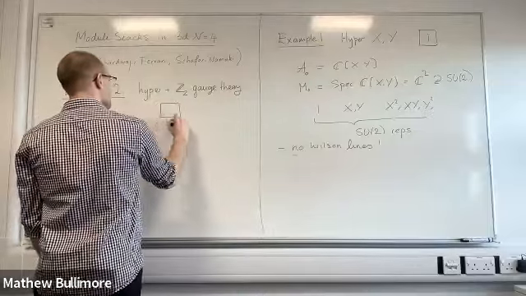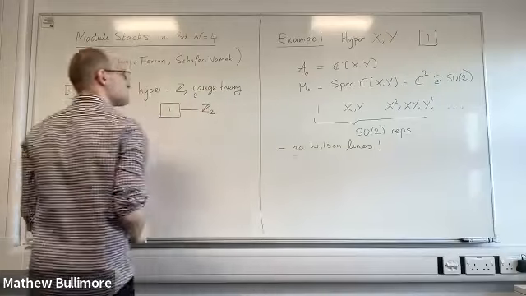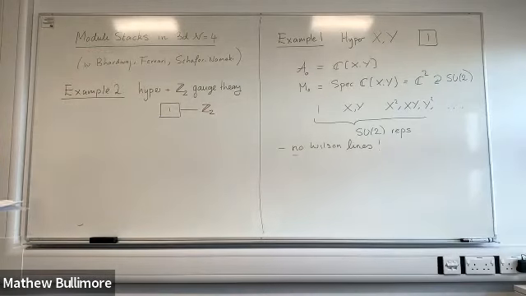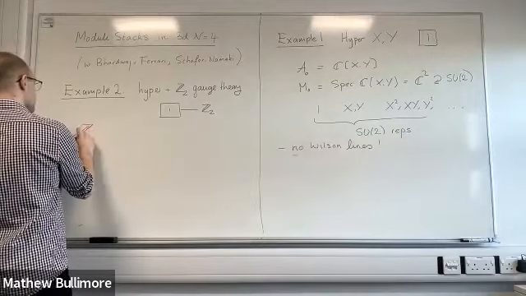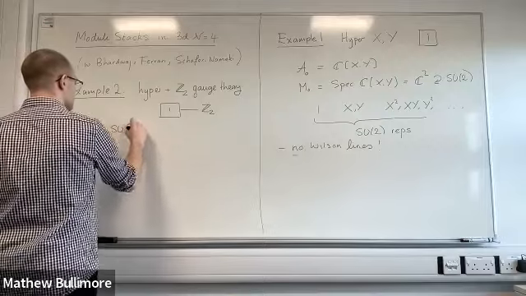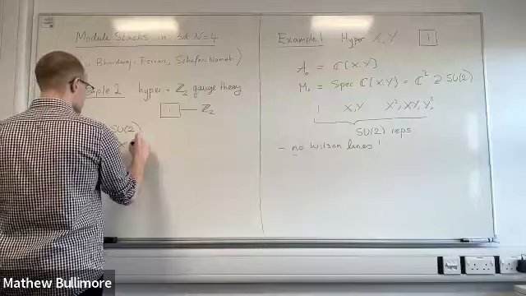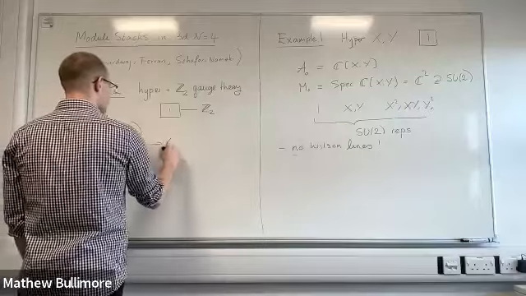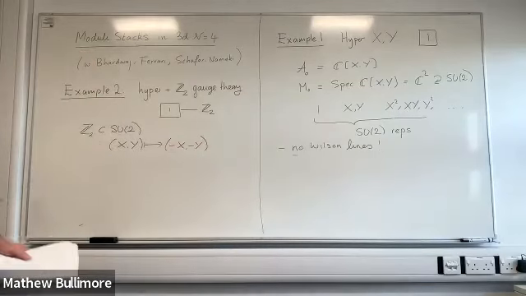Well, if you write it as a quiver, you might draw it something like that. One way to say more concretely is that, well, Z2 sits inside of SU2. And what does it do? It takes the two coordinates X and Y and transforms them to minus X, minus Y, like that.